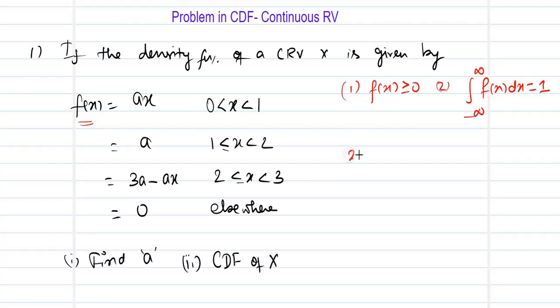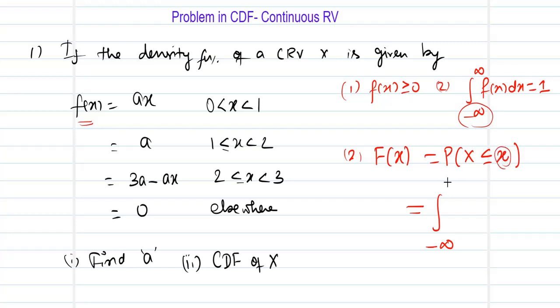Secondly, for the CDF of x, given by capital F of x, it is defined as the probability of the random variable taking a value up to the stage x. For a continuous case, we define this with the lower limit beginning from minus infinity, and x is the upper limit.